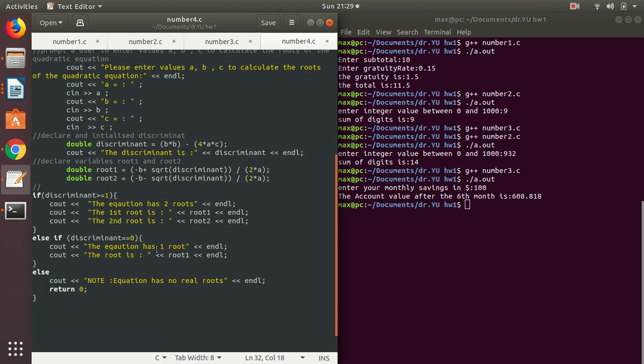If the discriminant is equal to 0, it will give me 1 root. If the discriminant is lesser than 0, it will give me no roots. It won't have any root. Let me control save and then run the program. So let me run it and see.